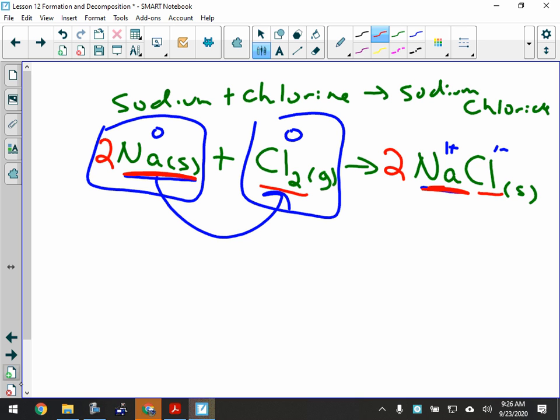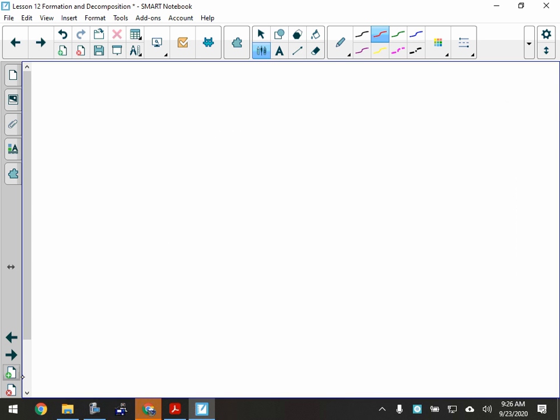The next one says, and again, I think we're just going to skip this word equation thing here because, well, maybe not. Maybe I lied. Write the word equation and balanced chemical equation for a reaction of iron and chlorine. So iron and chlorine is going to give me something. Now, this one we do need to talk about here.